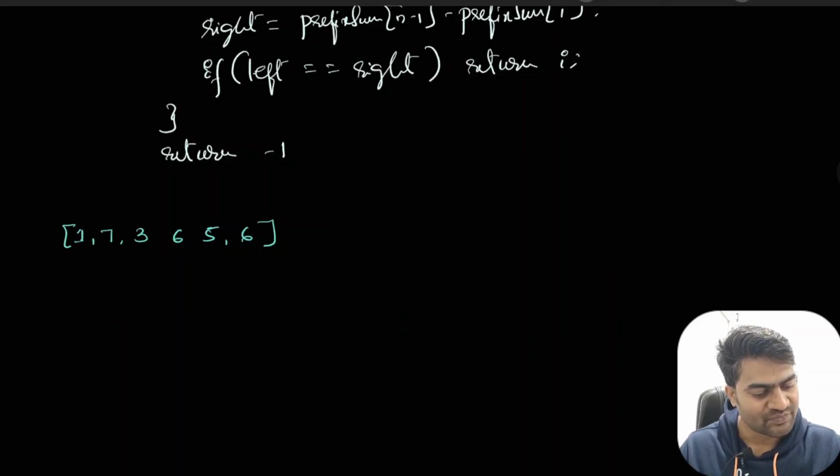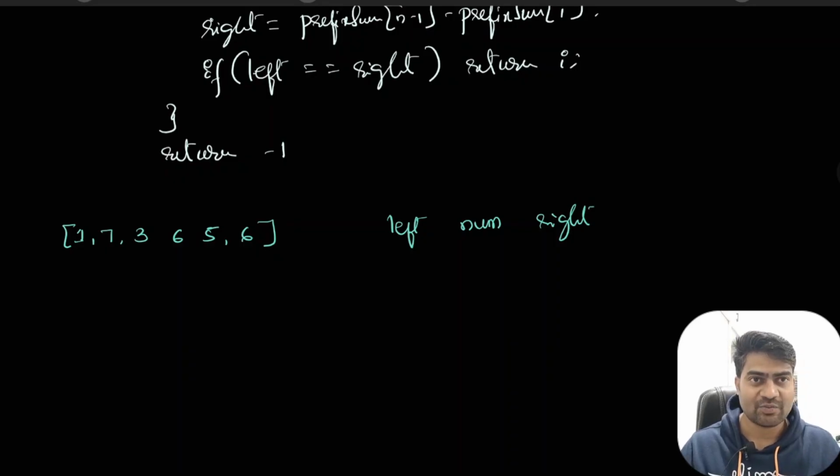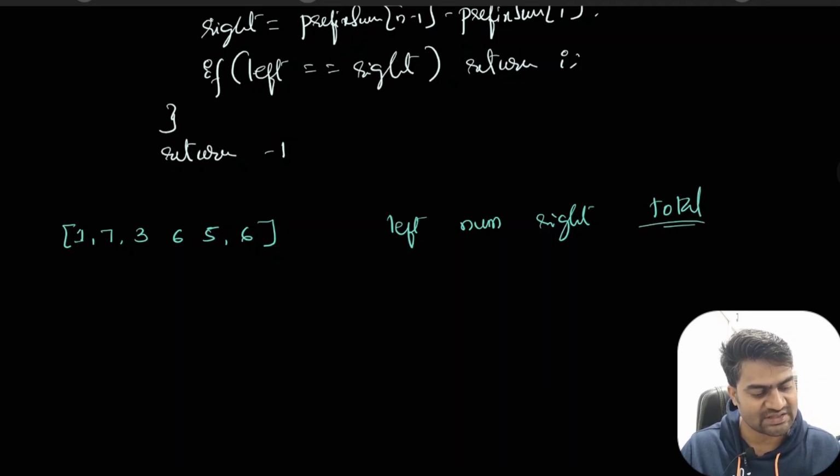If this is our left part, this is our number, this is our right part, and if we know the total, assume this is our total value. Total means sum of all the numbers, correct, right? So it is left plus number plus right value. This will give us total.